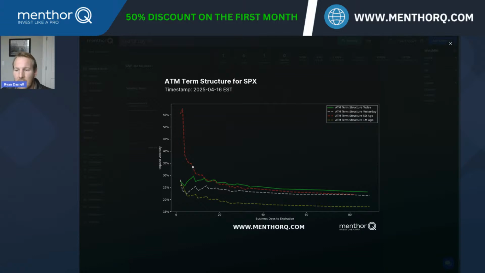Today what we'll talk about is a horizontal call spread or a calendar call spread. So the idea of selling shorter dated options to take advantage of what we call backwardation in implied vol, or an inversion in the curve. When a curve is upward sloping in trading, we often call that contango.